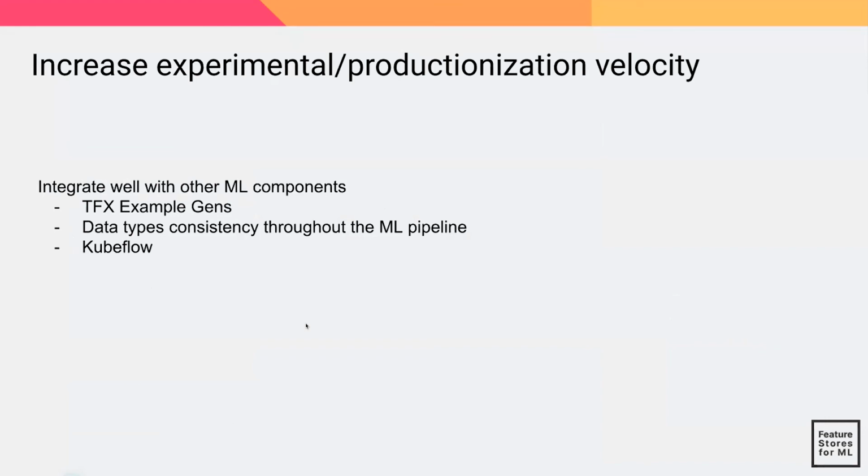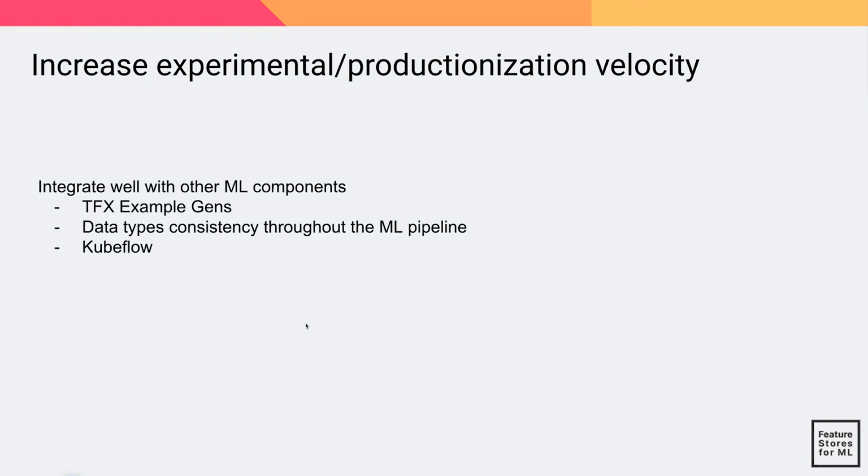And we're also looking at example gens to have our joined data automatically be converted into the format we want, TF examples and in tensor format. And another thing we've thought a lot about is data type consistency through the ML pipeline. This is really crucial for experimental velocity. We don't want people to have to worry about different data types and whether they're doing the conversions correctly.